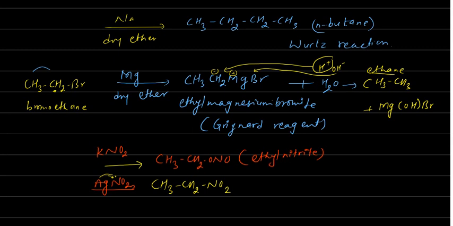But in KNO2 there is an ionic bond, so this oxygen attacks the carbon. But in AgNO2, due to the covalent bond, this nitrogen attacks the carbon which contains Br. So the product formed is nitroethane.